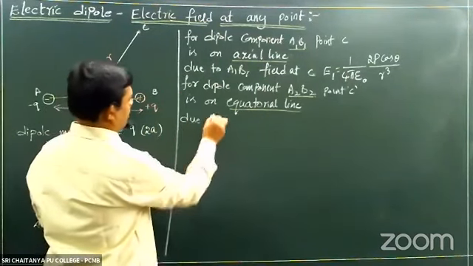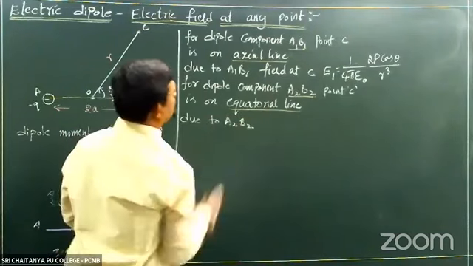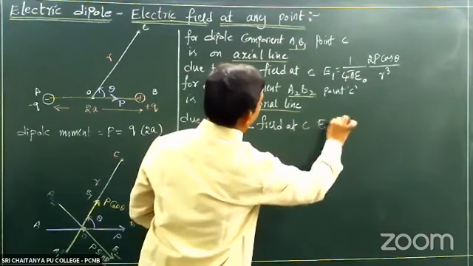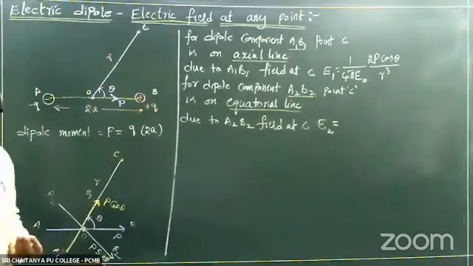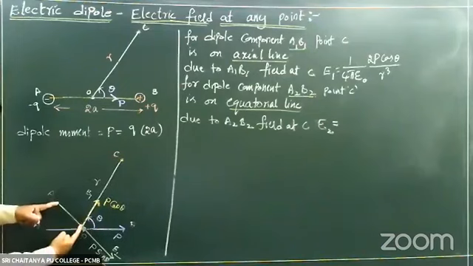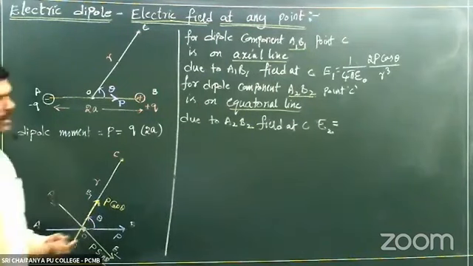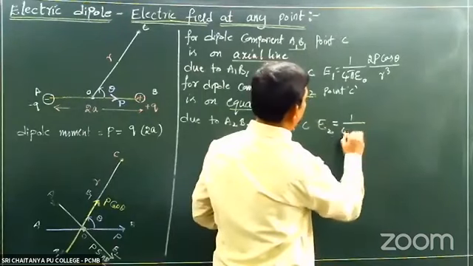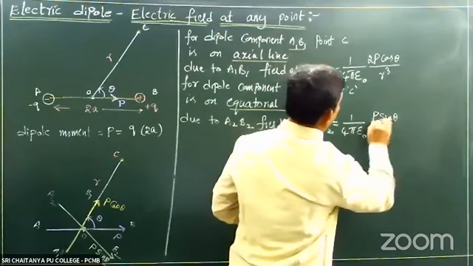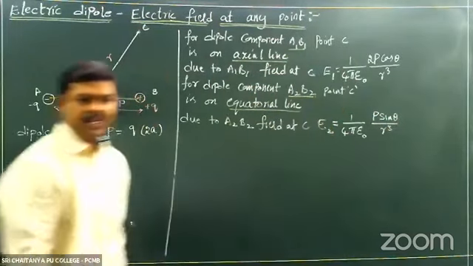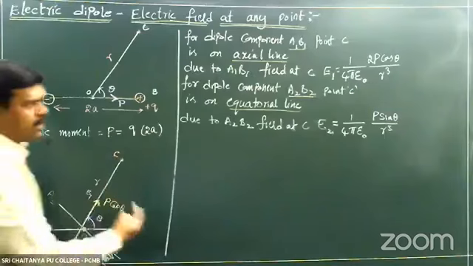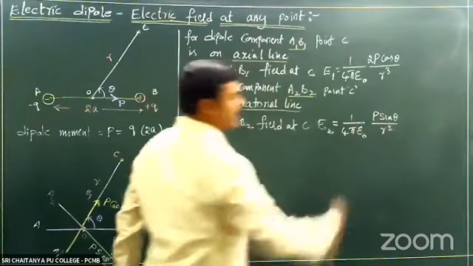Now, due to A2, B2, the field at C, I take it as E2. For this dipole, this point is on equatorial line, right? What is the formula? 1 by 4 pi epsilon naught P sin theta by R cube. Why P sin theta? For this dipole, what is the dipole moment? P sin theta. So 1 by 4 pi epsilon naught P sin theta by R cube.